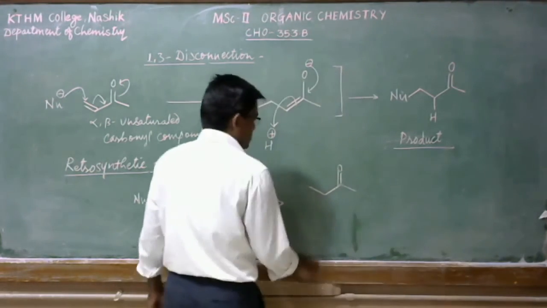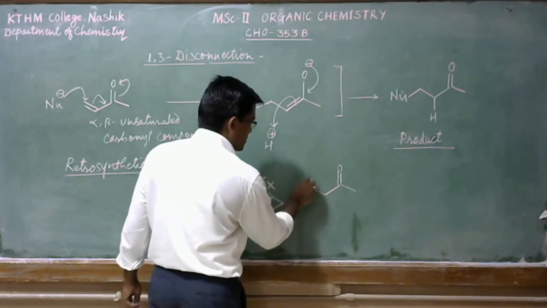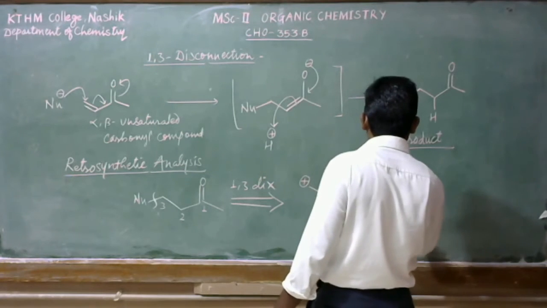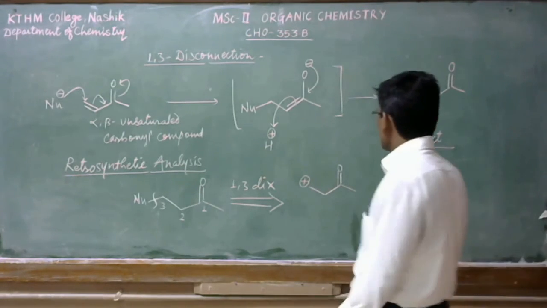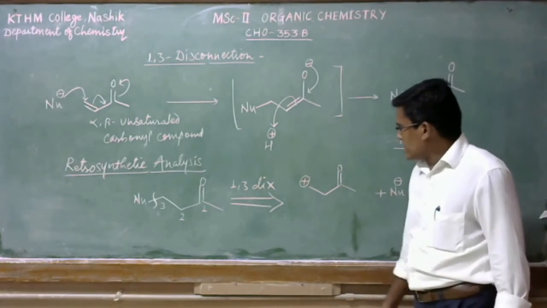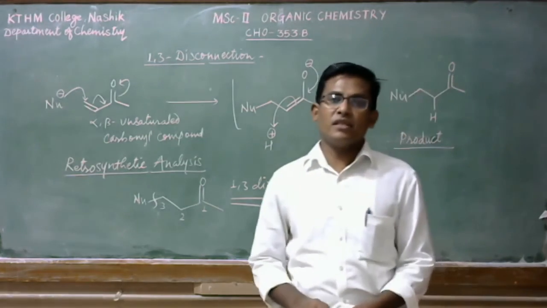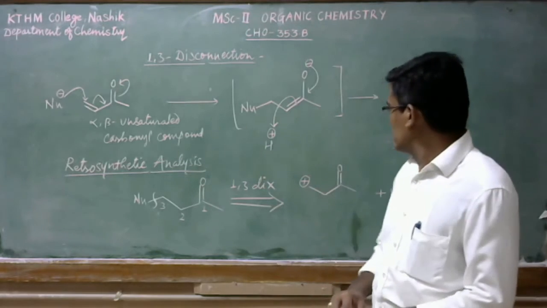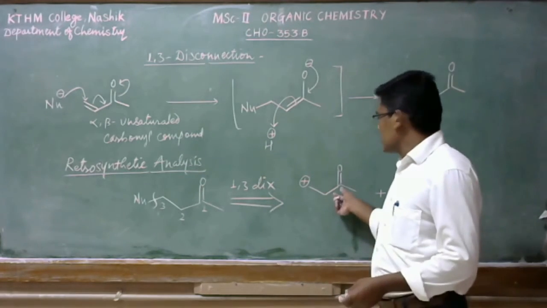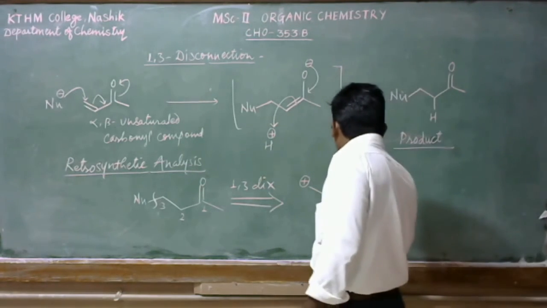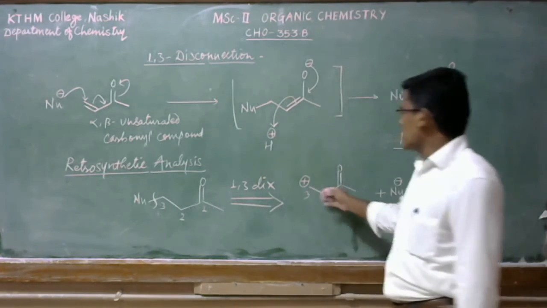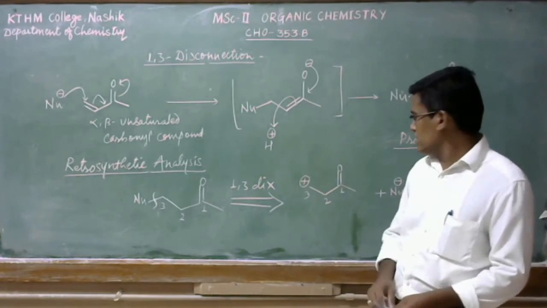Okay, so this will have this positive charge and this nucleophile, suppose. So this positive charge is two atoms far away from this carbonyl group. Okay, 1 and 2, 3 means two atoms far from the carbonyl.